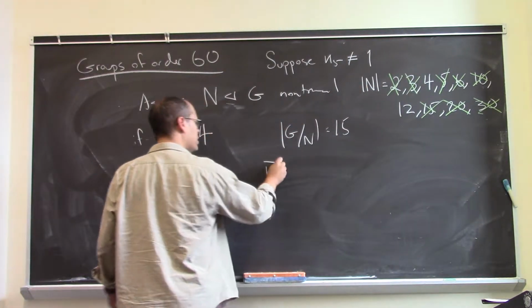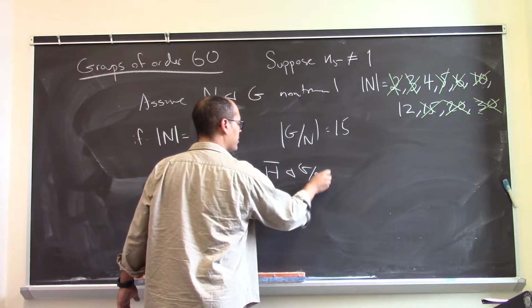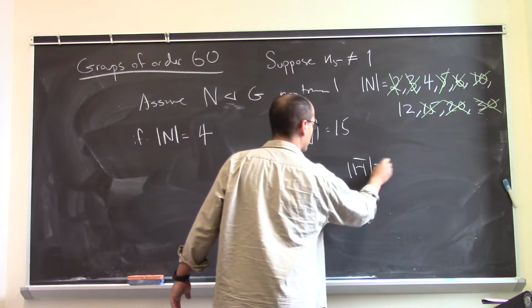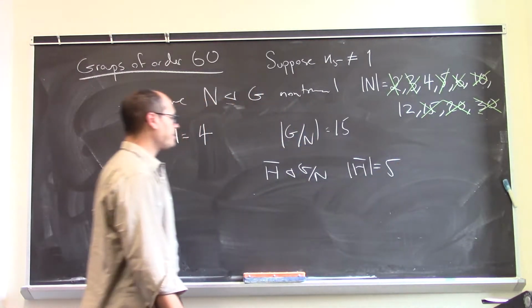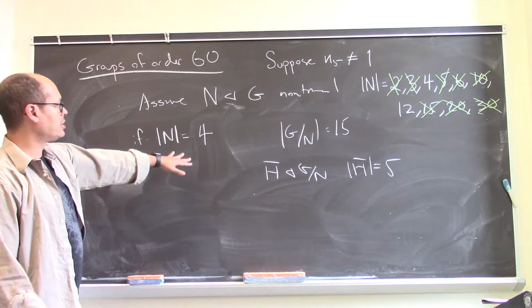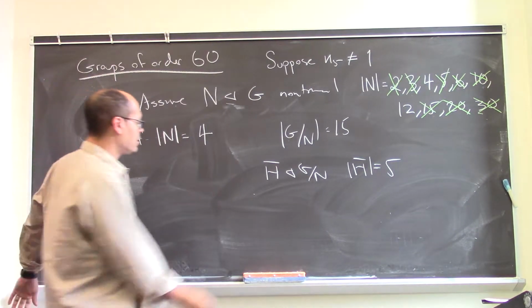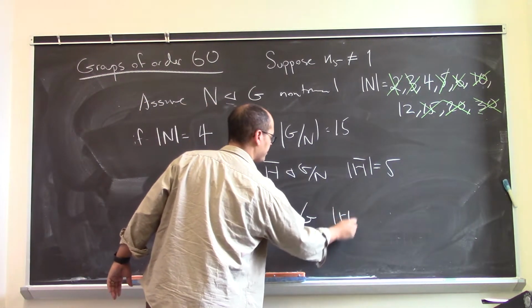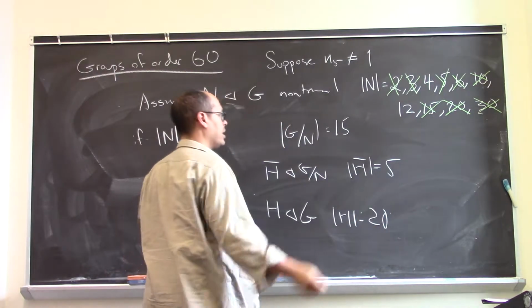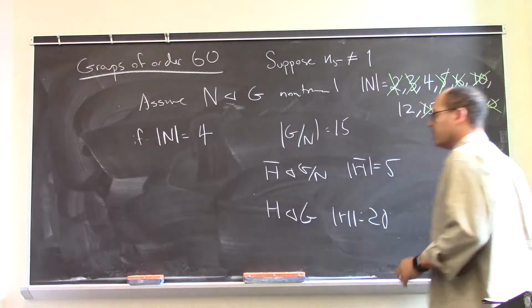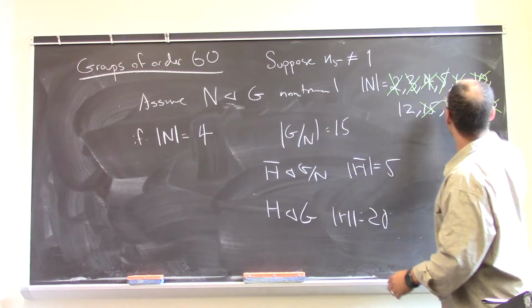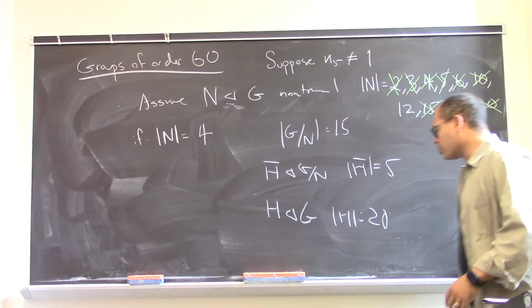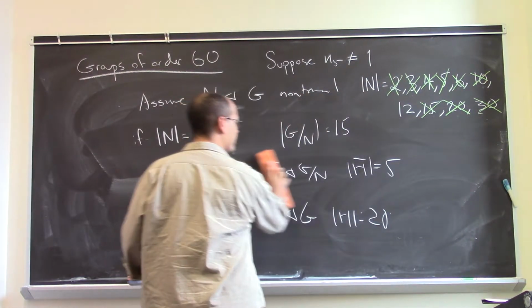So we get some H bar, normal in G mod n. The order of H bar is 5. And then I get a subgroup of order 20, which is normal in G by the correspondence theorem. That can't happen, so we've eliminated 4. Because we had eliminated 20 before, we're only left with 12.